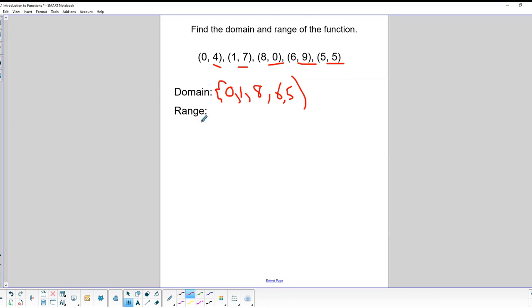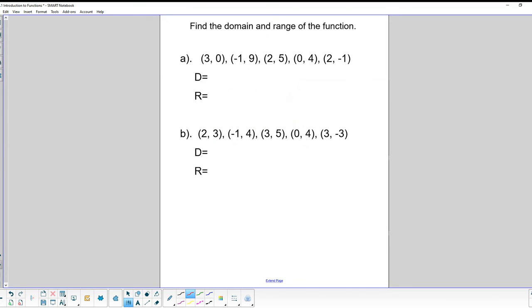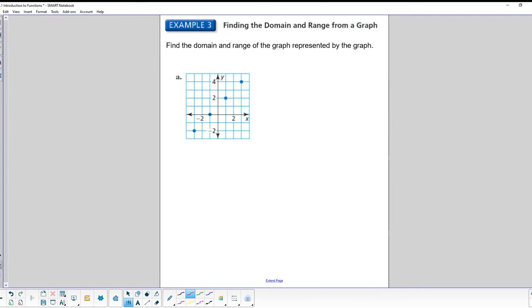So those would be 4, 7, 0, 9, 5. Okay, now you'll notice that we put these little brackets around here. And so it's pretty simple to find the domain and the range of this function. All right, so there's a couple more examples of those.